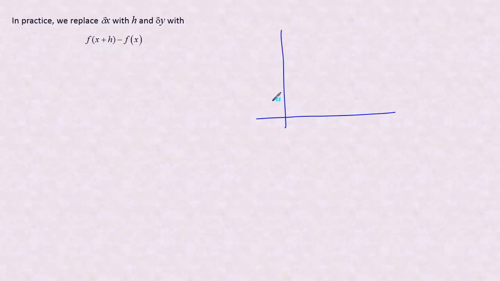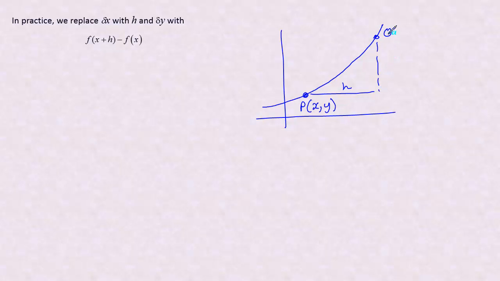So we have our curve here, and we say this is the point P with coordinates x and y, and then we say, instead of saying that this distance here is delta x, we say it's h.